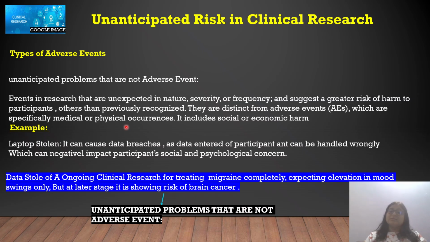There is no problem associated with a medical or physical occurrence, but obviously their private data are compromised. It can be used in the wrong way, so there are problems. In the terminology of clinical research, these are not adverse events, but these are unanticipated problems.